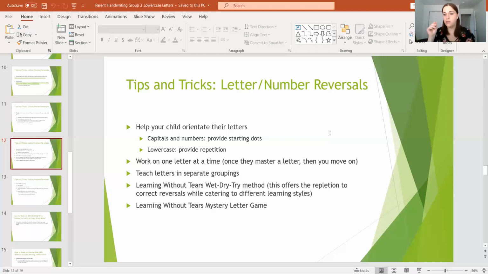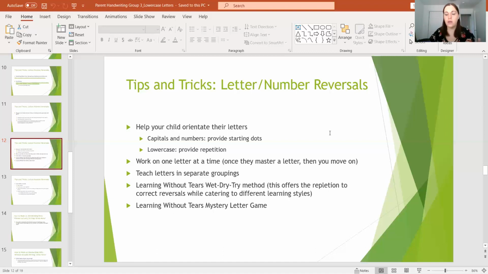The child takes a very small sponge, so you get those small fingers working on that grasp. They take that sponge and trace the letter with the water. Then they put the sponge to the side, take a little wad of paper towel, and trace that letter with the paper towel, so they're drying their letter.